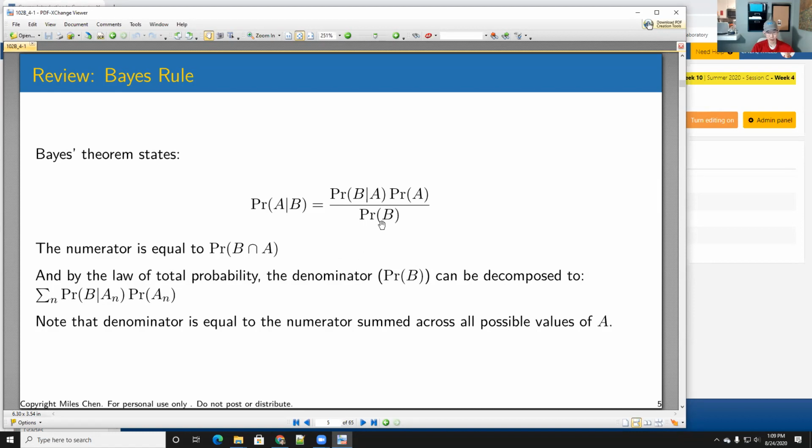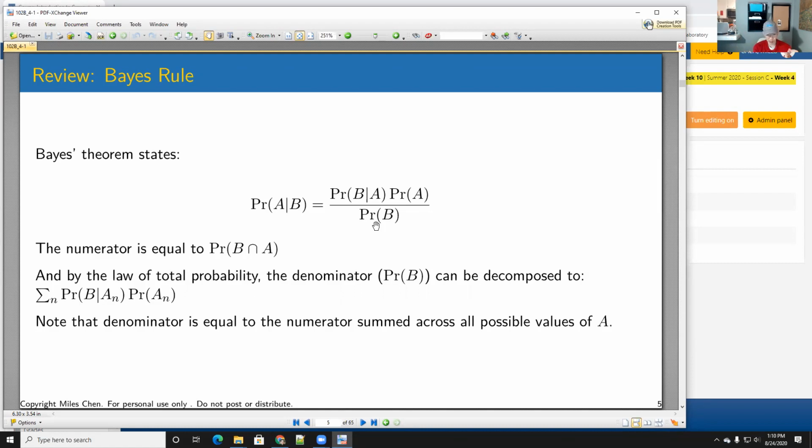You have the law of total probability. So this denominator, probability of B, can be decomposed into the probability of B given A sub n times the probability of A sub n for all possible values of A, right? So, what's the total probability of getting a queen in a deck of cards?